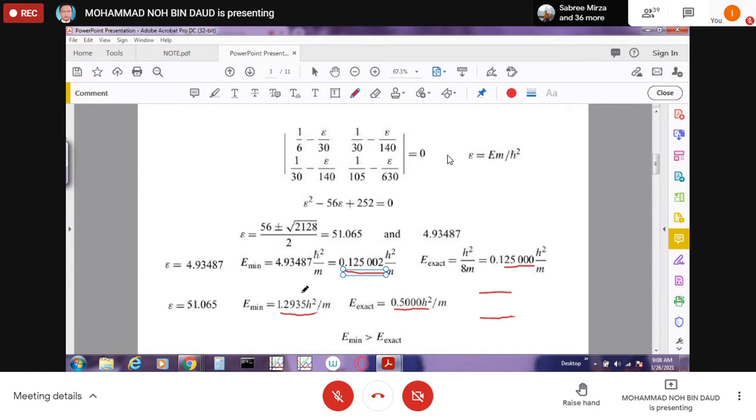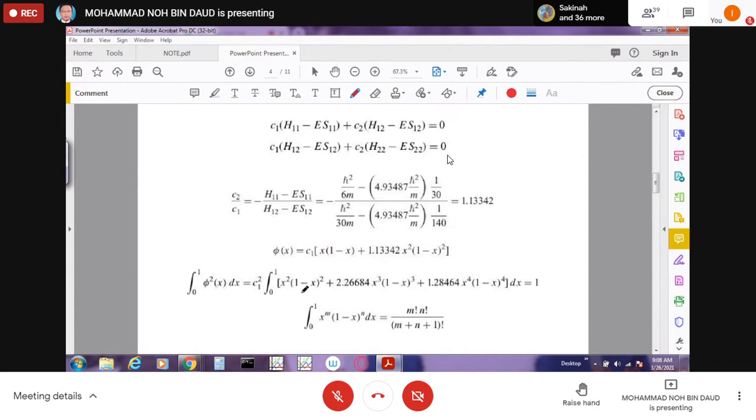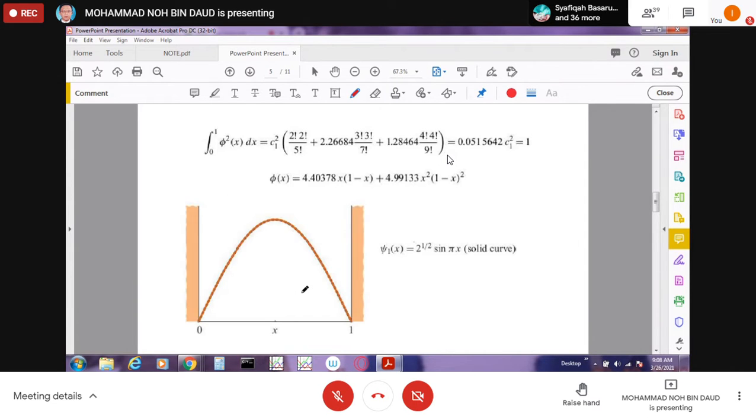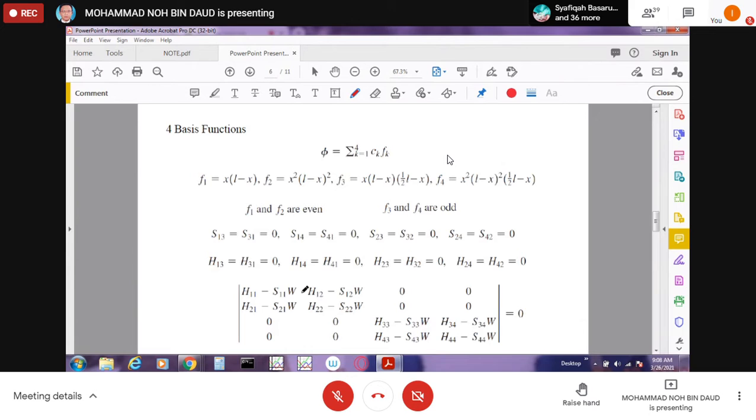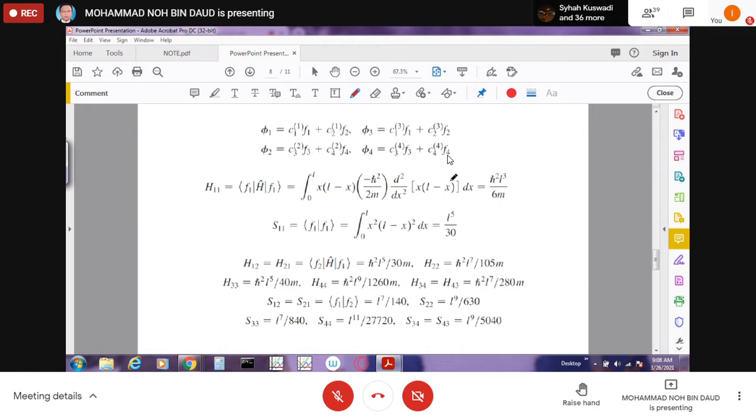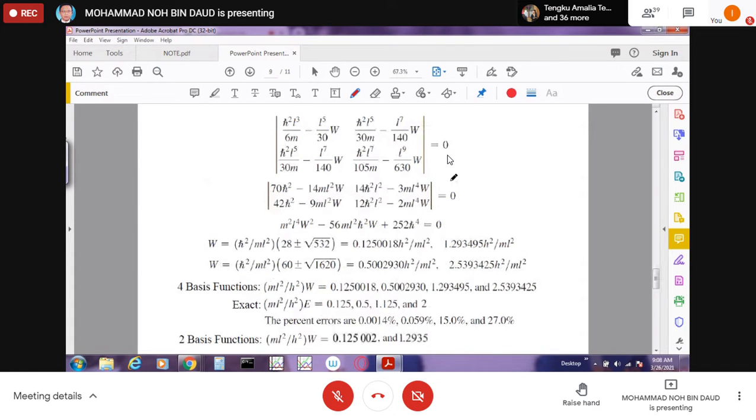Now we are going to increase the number of basis functions from 2 to 4: f1, f2, f3 and f4.